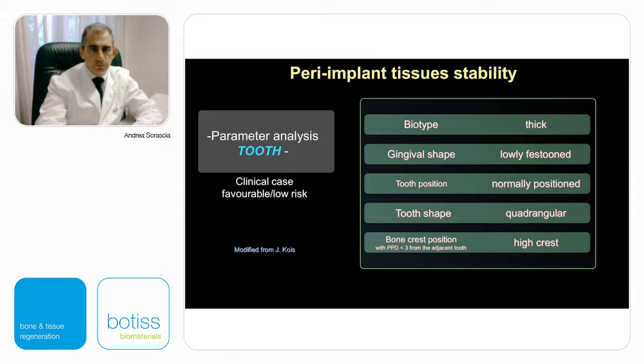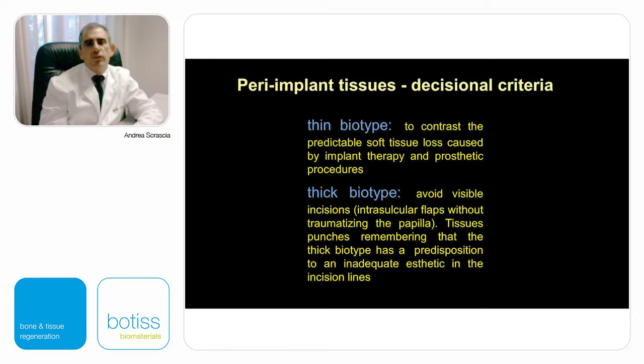Therefore, we have to take into consideration all those parameters, knowing that if we have a thin biotype, we have to contrast the possible loss of soft tissues caused by implant therapy and prosthetic procedures. While in case of thick tissue, we have to execute invisible incisions, like intrasulcular, without traumatizing the papilla, because the thick biotype has an inclination to non-aesthetic incision lines.